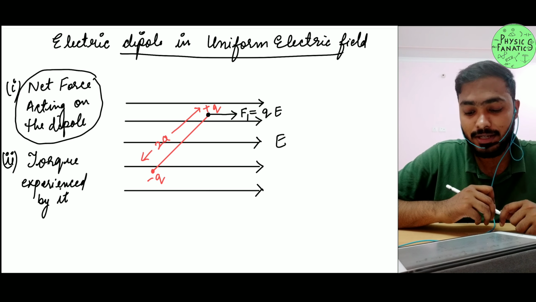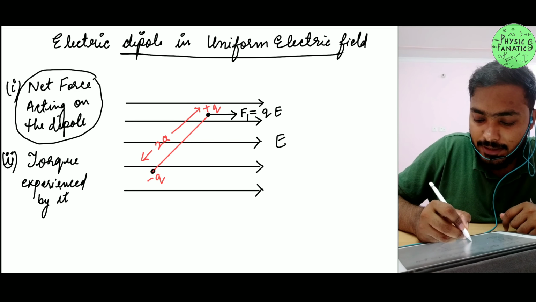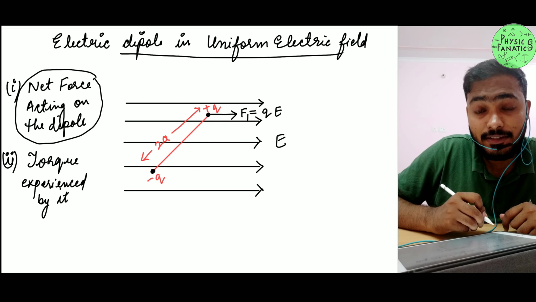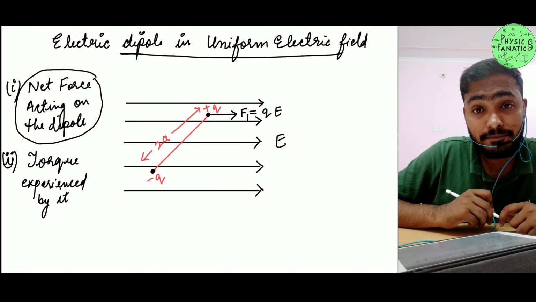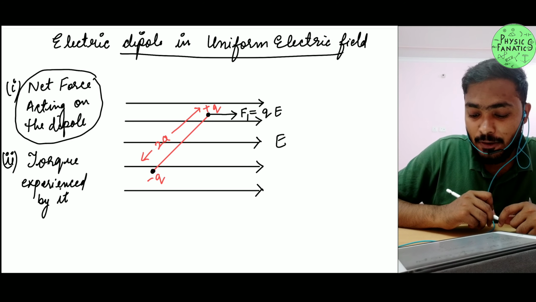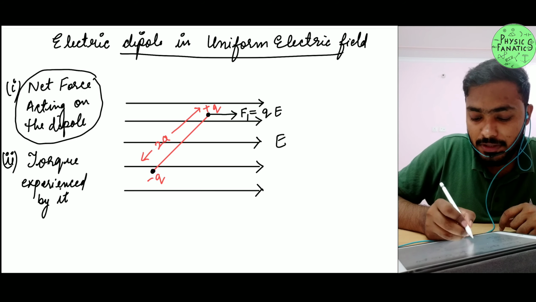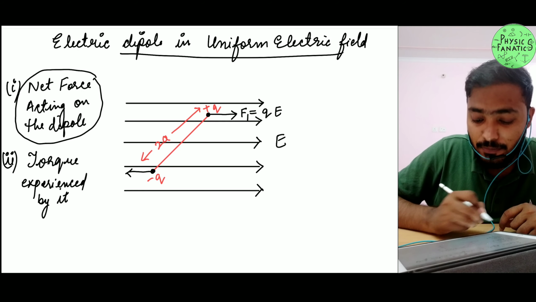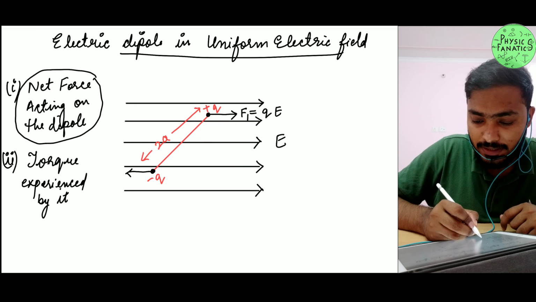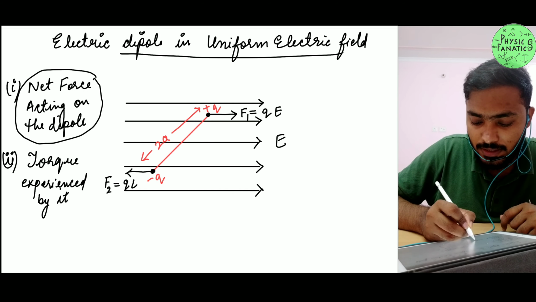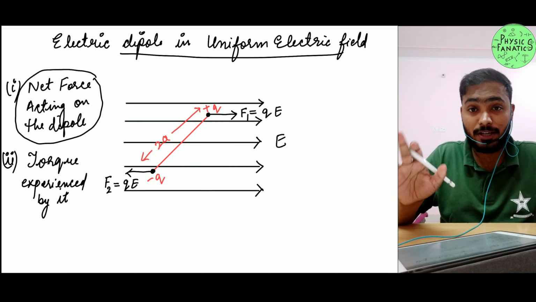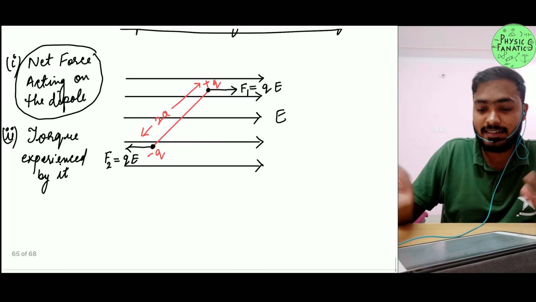Here I have a negative charge inside the electric field E, and it is going to experience a force in the direction opposite to the electric field, and the magnitude F2 is equal to q times E. I hope that is understandable. So I can just write it down.